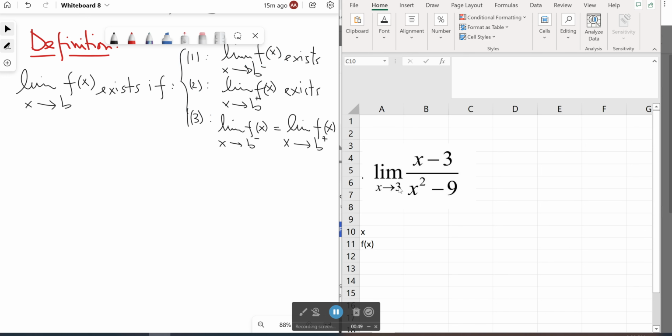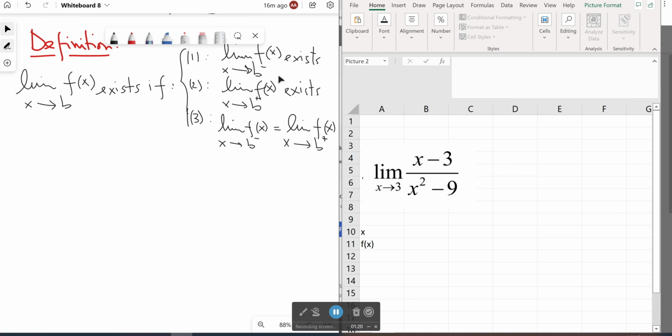So what that means is, let's take a look back at the definition of a limit. The limit of a given function f of x as x approaches value b exists if three conditions are met. The left limit exists, meaning as your value x approaches the value of interest b from the left, there's a clear convergence towards a fixed value.